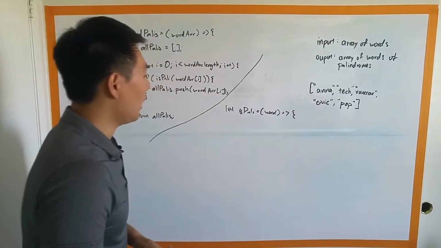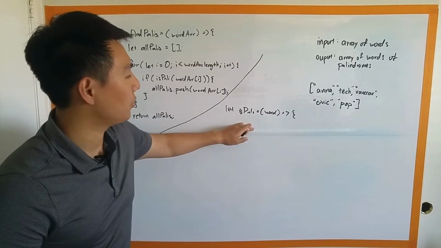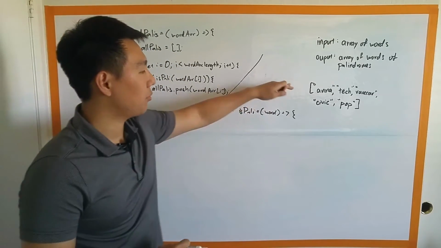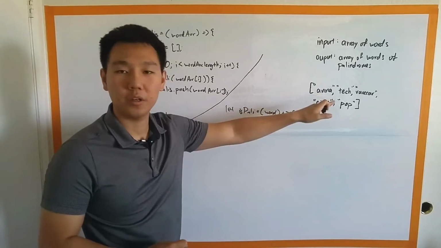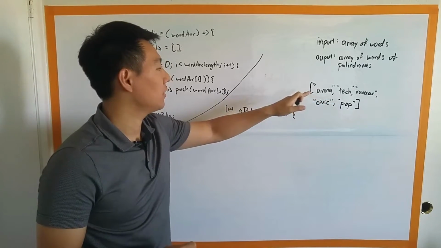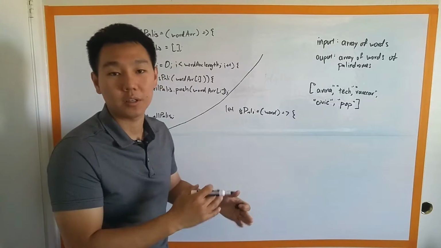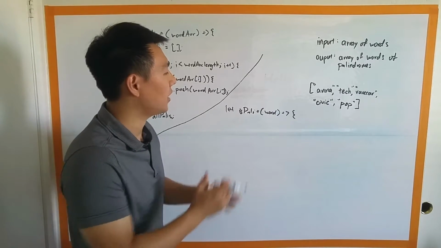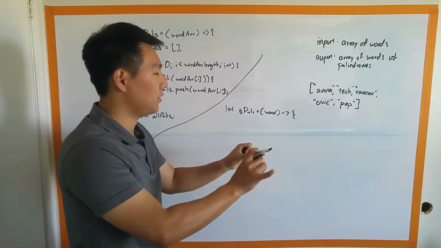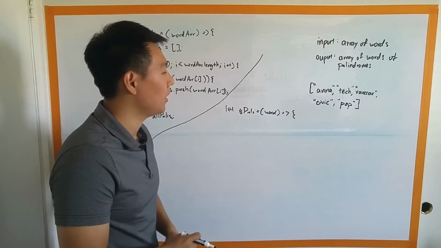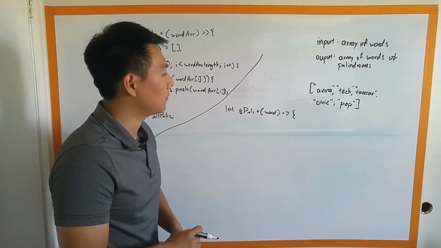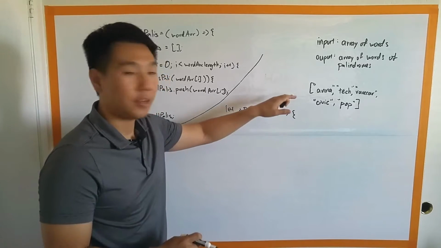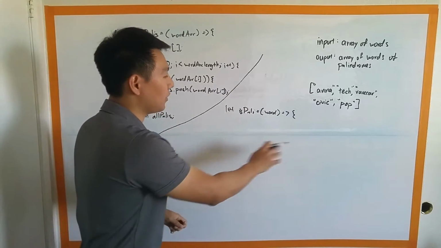How do we decide whether it's a palindrome or not? Well, I think the easiest way is to just iterate through each letter and compare it against the last one. There are different ways to do it. You could cut half of it, flip it, test it against the second half, or something like that. A lot of different ways. I'm just going to go with iterating through it.